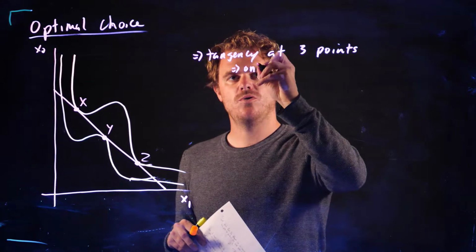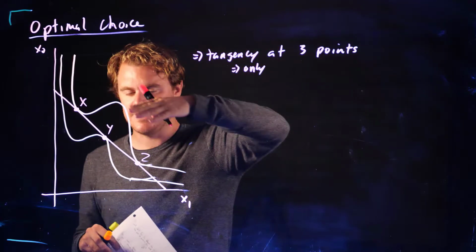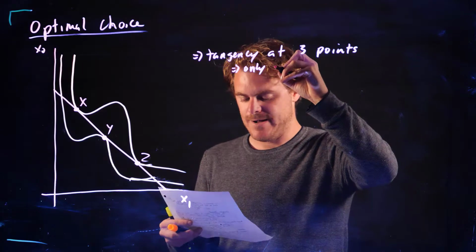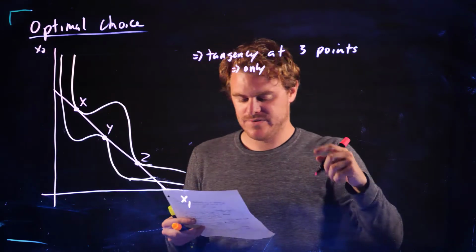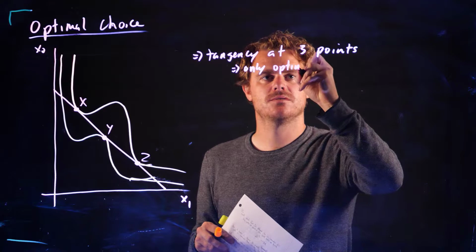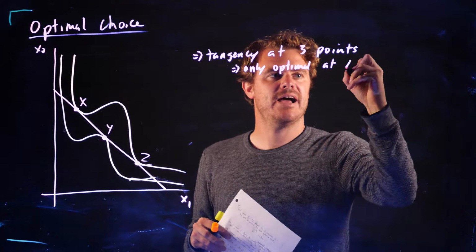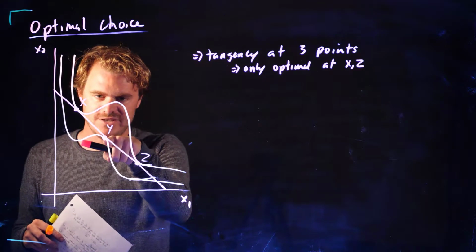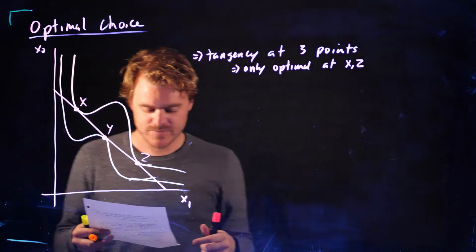We're only maximizing our utility, only on the highest indifference curve, at points x and z. So only optimal at x and z. But we also have this tangency at y.